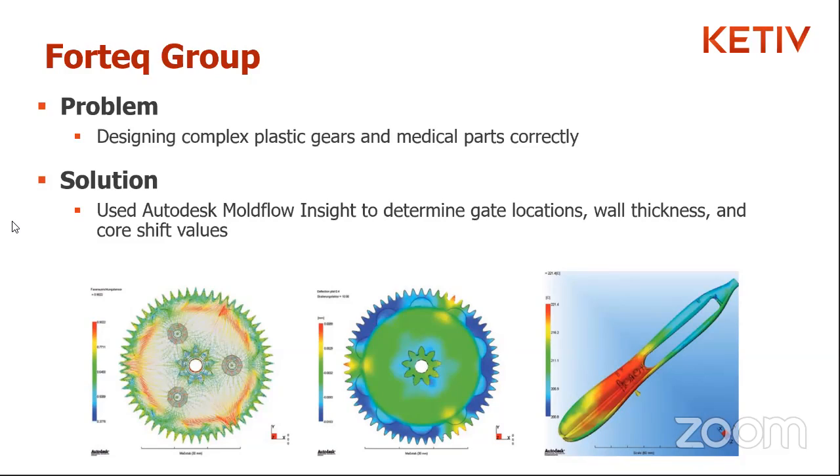But those decisions are made based on economics, but what's the cost of getting a part that you can't use or doesn't perform? And so this is a good example of that upfront stuff that we can look at, and some more difficult consequences or details like core shift. So how is that going to affect functionality, shape, say roundness or straightness of a through hole? And these are all things that we can explore early before we're locked in to that decision we make on gate location, tool type.